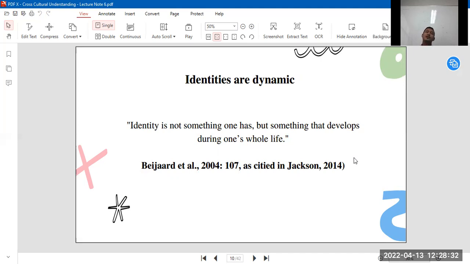The meanings that young adults or people attribute to certain aspects of their identity, such as age, ethnicity, gender, language, nationality, may be quite different from when they were young children, when they were adolescents.